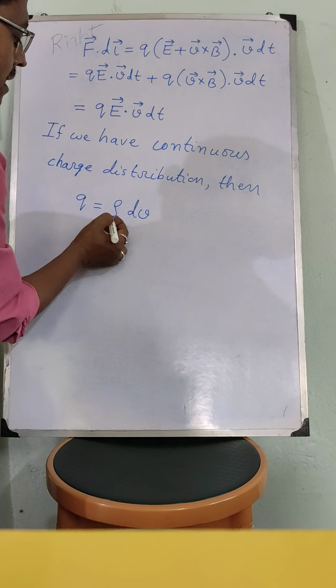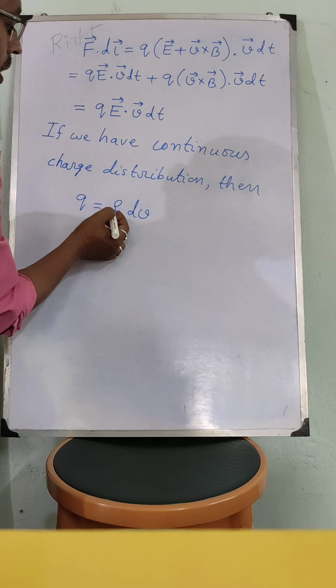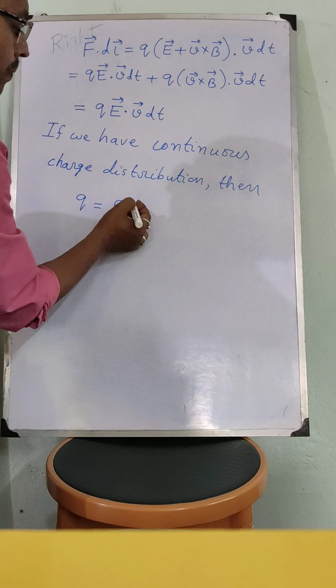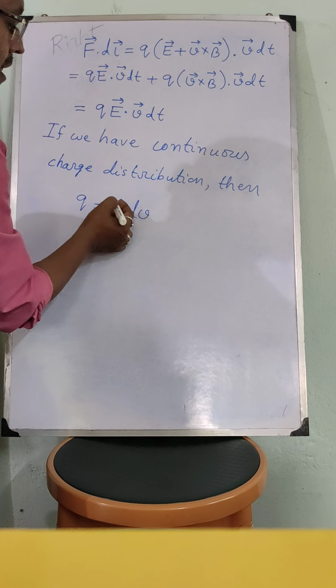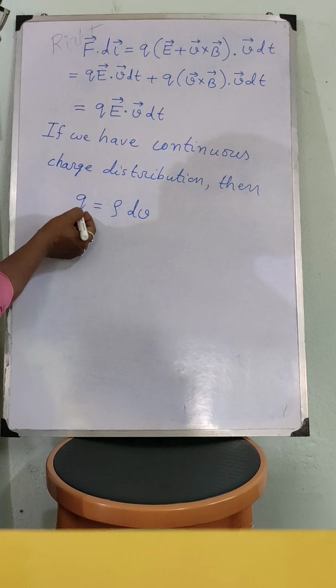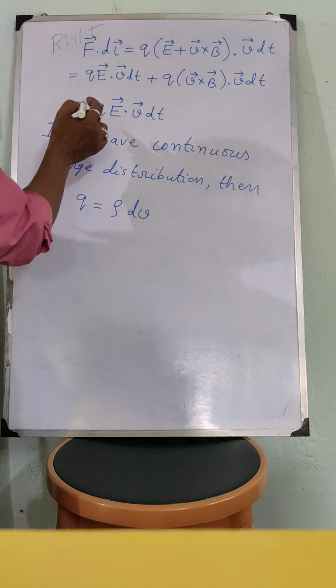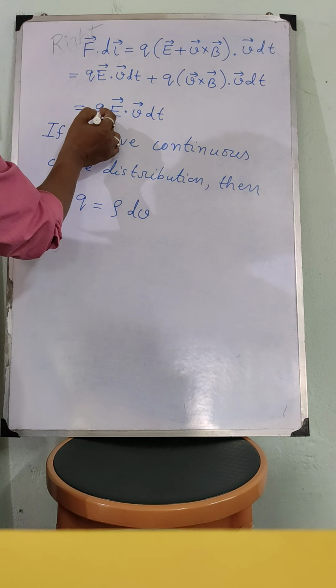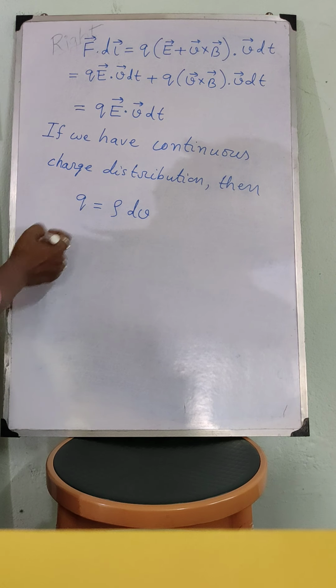Rho is the charge density, that is the charge per unit volume. Rho multiplied by dV gives us the charge content in volume dV, and suppose that rho dV is Q. So in place of Q, I can write rho dV.